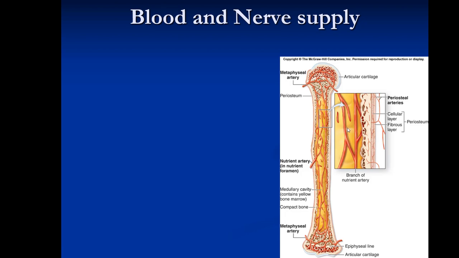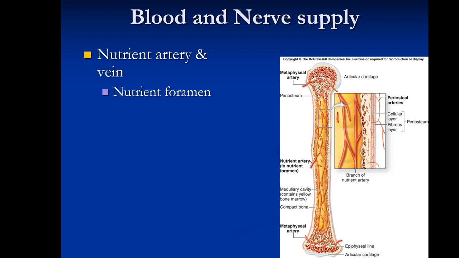All right, so stepping back a little bit, blood and nerve supply of bone: long story short, yes, the bone has lots of blood vessels and lots of nerves. There are a few vessels that warrant mentioning. Most bones are going to have a big opening for a vessel to get in. In anatomy, this term right here, foramen, refers to an opening. So there's a nutrient foramen, which allows nutrient arteries and veins to get in.